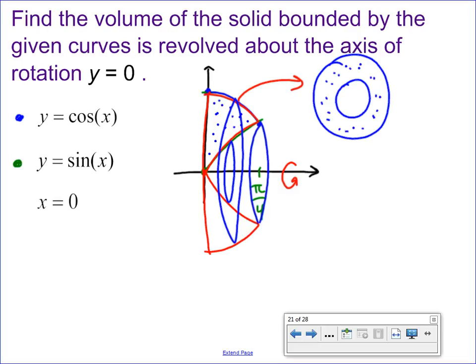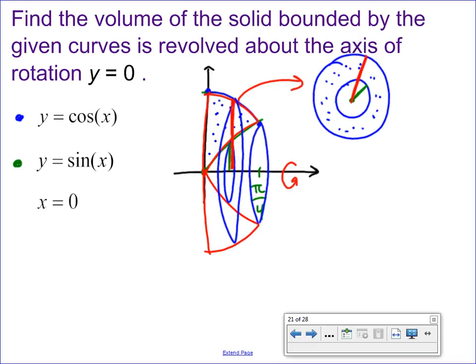So we need to get our original curves in here and some line segments to get the radii, both outer and inner, for this cross-sectional slice. I'm going to use green for the inside one. That would be something like this in my picture. And I'm going to use red for my outer radius, a red line segment. That would be like this.